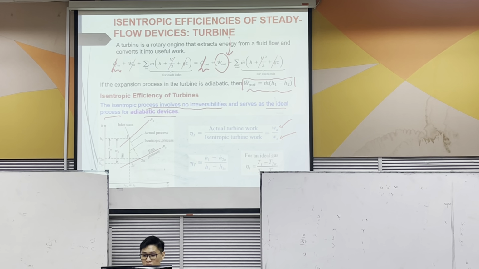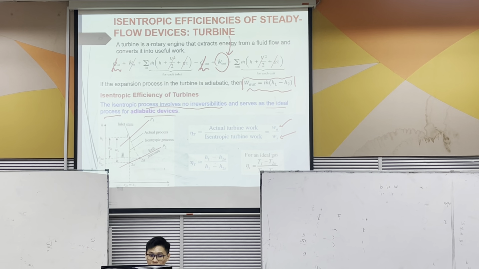So the actual work that you get will always be less than the isentropic process. You can also see from this h-s diagram that if it is an isentropic process, it will just go all the way straight. But if it is an actual process, then it will go to the right. How do you know which direction it goes? It always goes to the right, because entropy always increases.